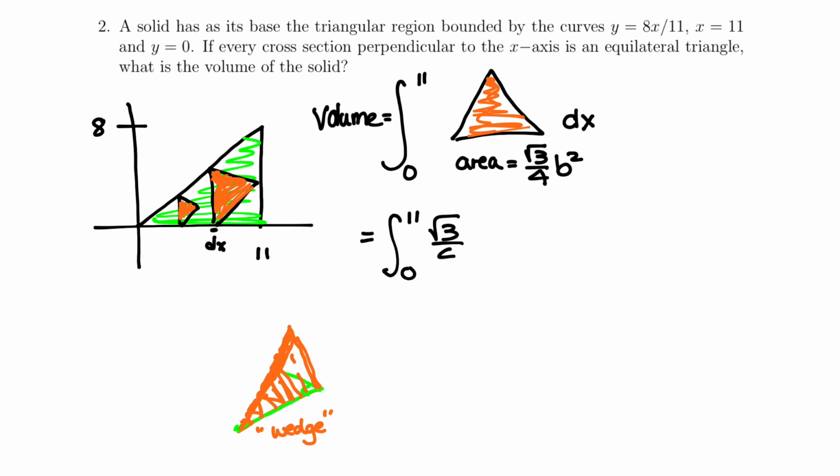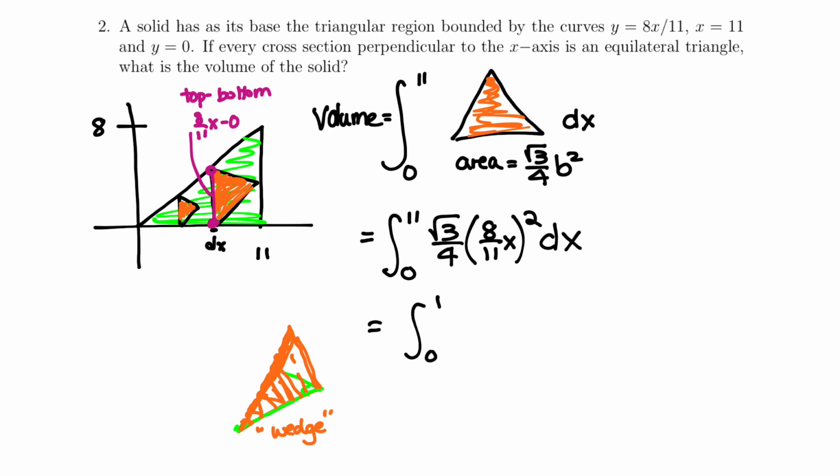Square root 3 over 4. What is that base? What is that distance? Again, it's top minus bottom if you look at the picture. It's top minus bottom is the entire base. So it's going to be 8 over 11x minus 0 or just 8 over 11x. 0 to 11.